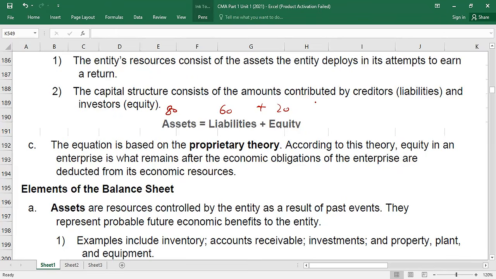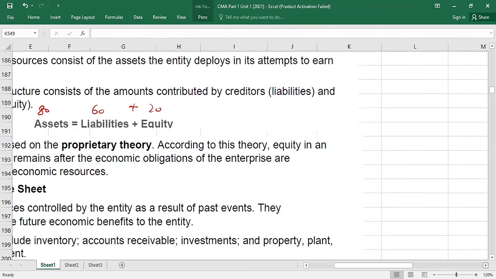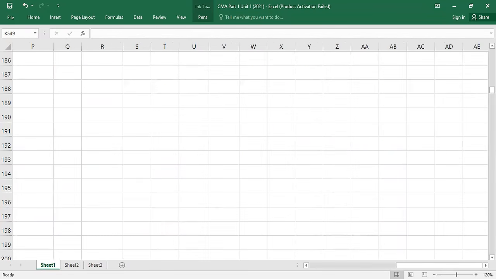First, we need to understand. Let me take you to this side, guys. What's the equation? Assets is equal to liability plus equity.